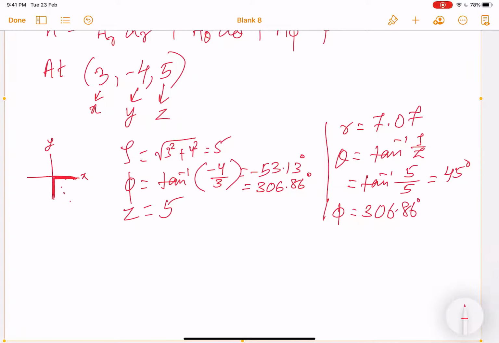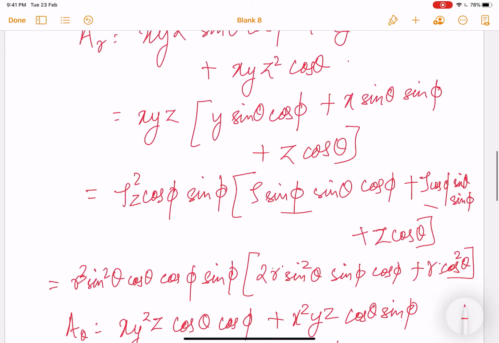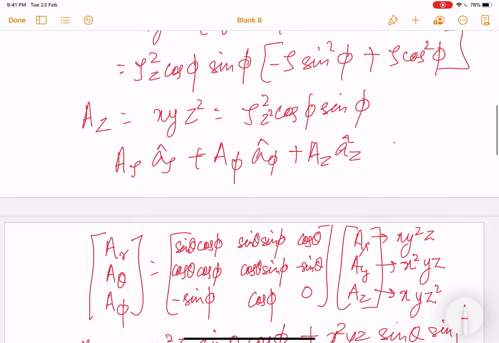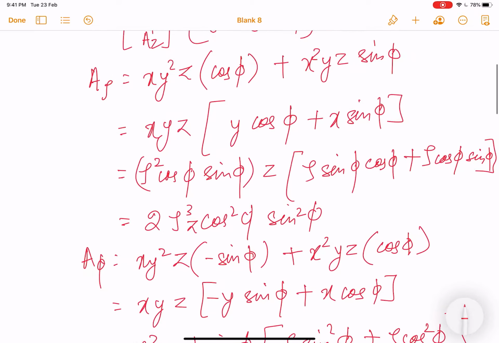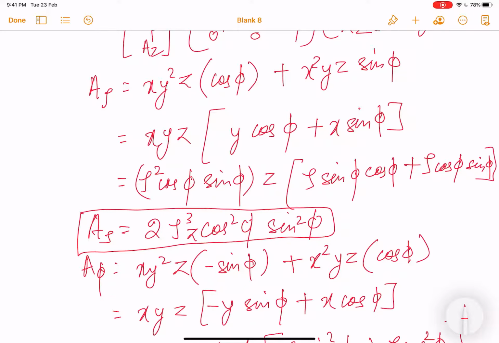Now what I have to do is whatever h I got, substitute these values over there. Oh, it's so lengthy, but have patience. We'll do it together. What is this? A rho was this thing, 2. Now substitute all the values that you got over here.